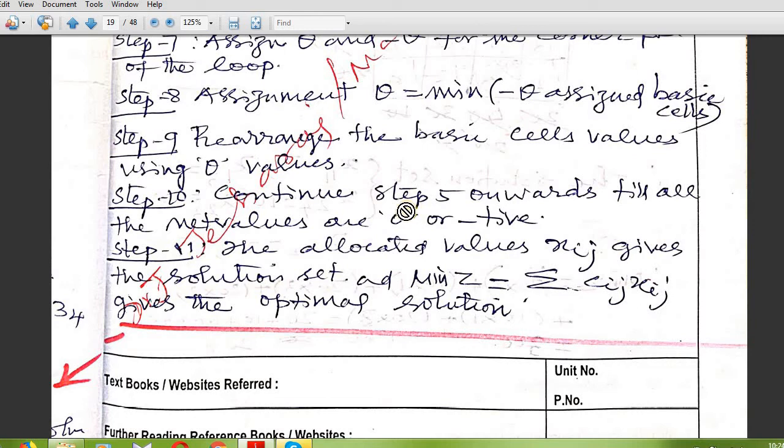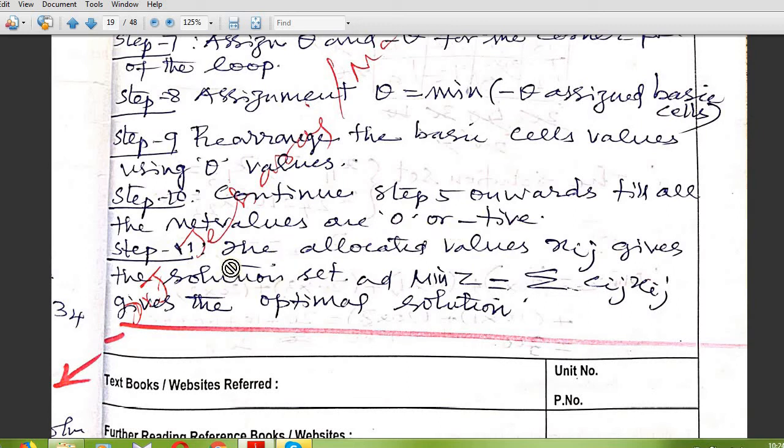We have to do this again until all net values are 0 or negative. If 0 or negative comes, then we have achieved our goal and we stop, because we have reached the minimum among minimums, that is, the optimum.